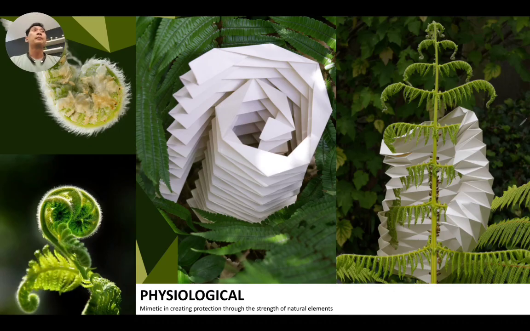And this is another example, taking not only the shape and the form, but the physiological aspect, the functions. Like ferns have a protective function against the climate or against a threat.